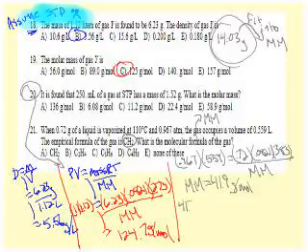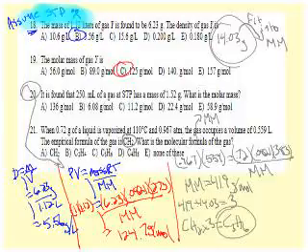So 41.9 divided by 14.03 equals 2.99, which is 3. So CH2 times 3 equals C3H6. Yay.